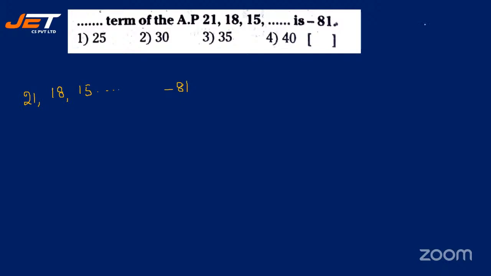So dash term, which means they are asking us Tn. So he says Tn is minus 81. So what is the formula for Tn? A plus n minus 1 into d. So A is 21 plus, we don't know n because that is the term they've asked.